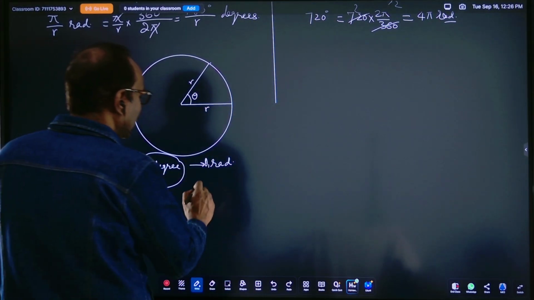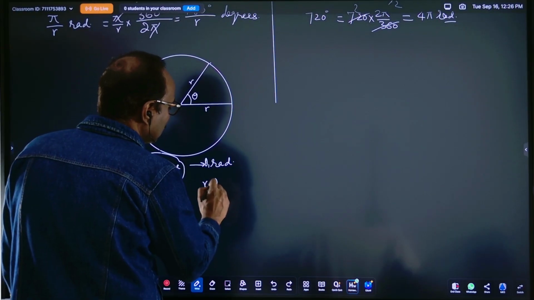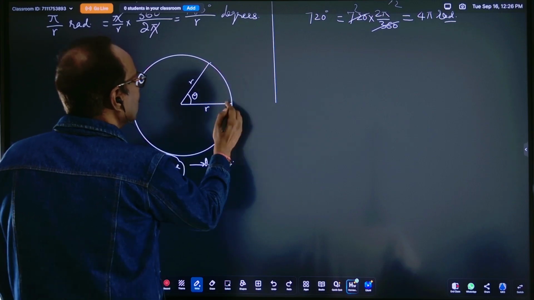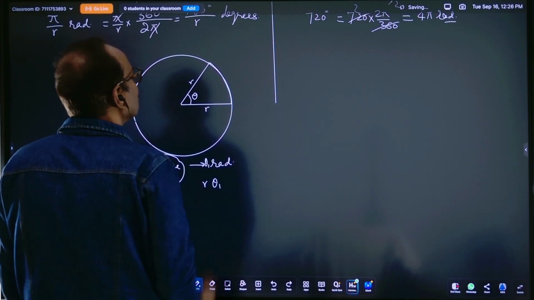Now if you multiply this with r, r into theta 1, you will get the arc length from here to here.